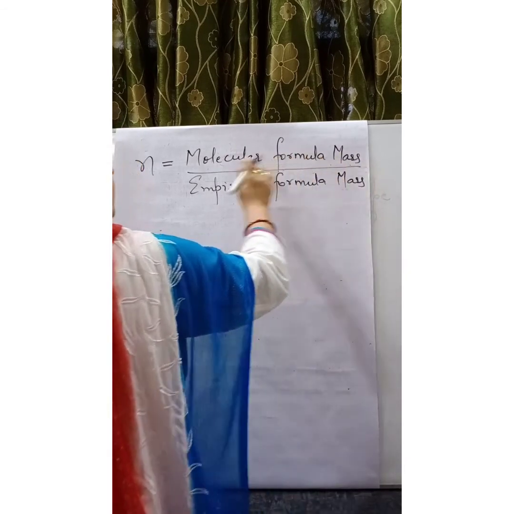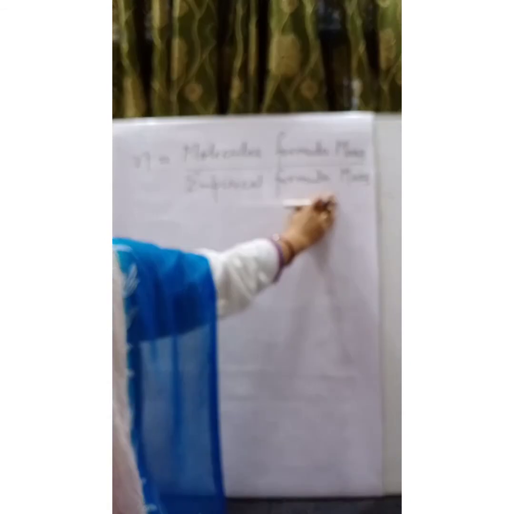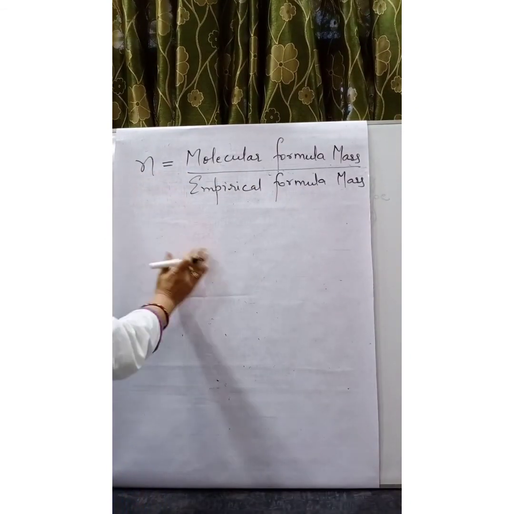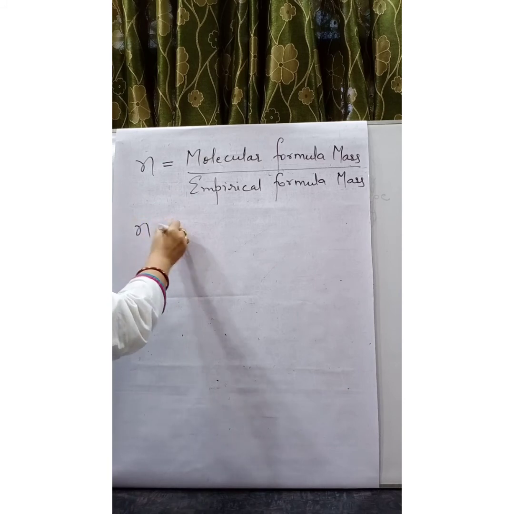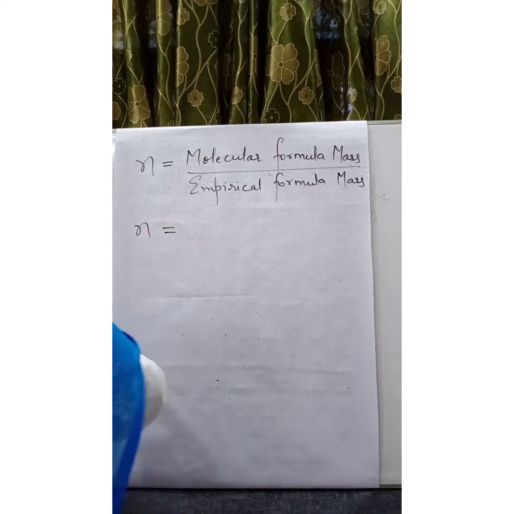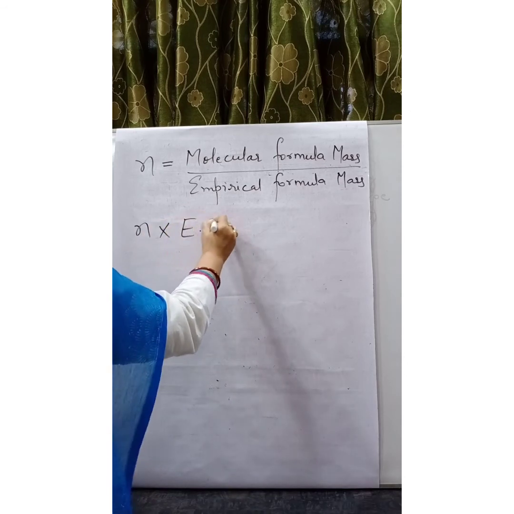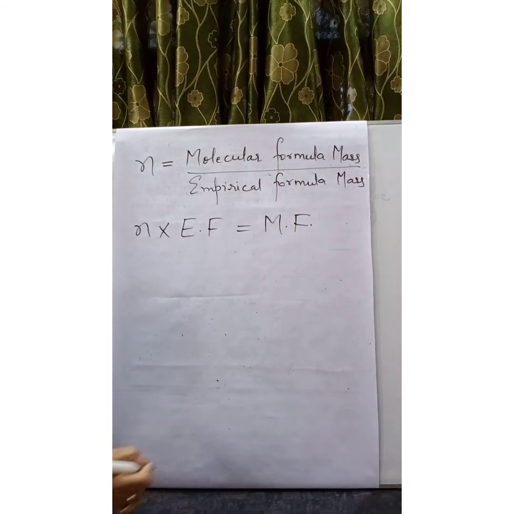So by dividing the molecular formula mass by the empirical formula mass, we get the value of this constant n. This constant n, when multiplied by the empirical formula, gives you the molecular formula. So these two things we have to remember while solving the numerical. Let us understand this in detail by a numerical.